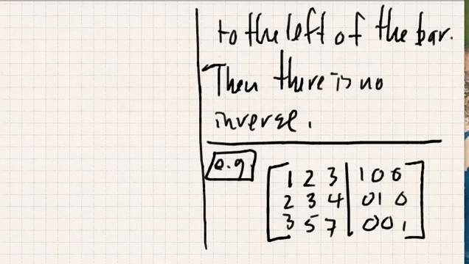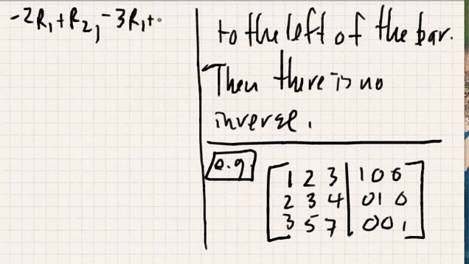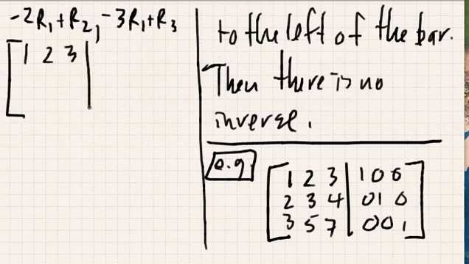I've got a 1 in the upper left corner, so I'm going to take minus 2 row 1 and add that to row 2. I'm going to take minus 3 row 1 and add that to row 3, because what that does for me is I get 1, 2, 3 up top, 1, 0, 0. Here I get 0. 2 times negative 2 is negative 4, so I get negative 1.